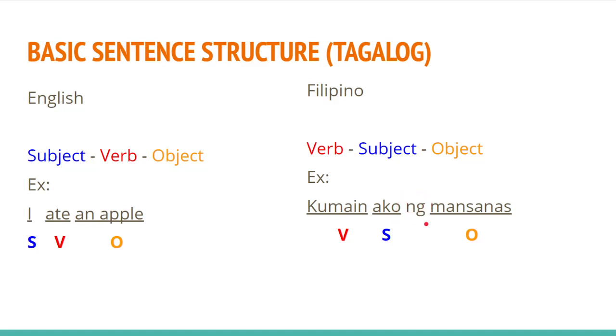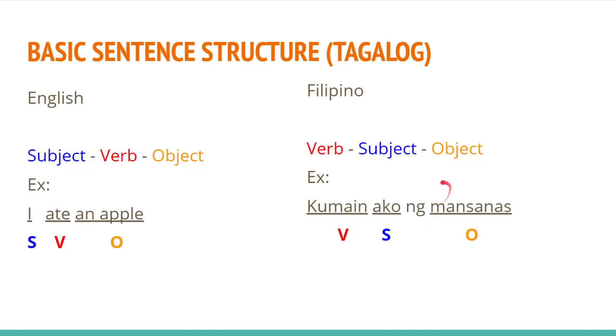So that's why it is important for you to know the pronunciation of Tagalog first, so check the link that I put in the description below this video, or the upper right corner.